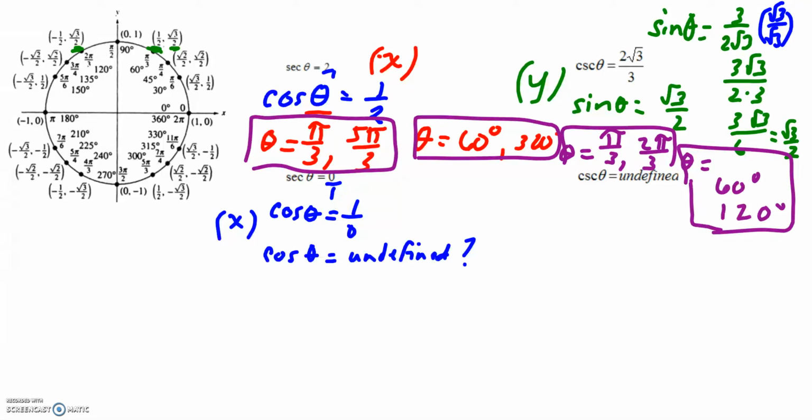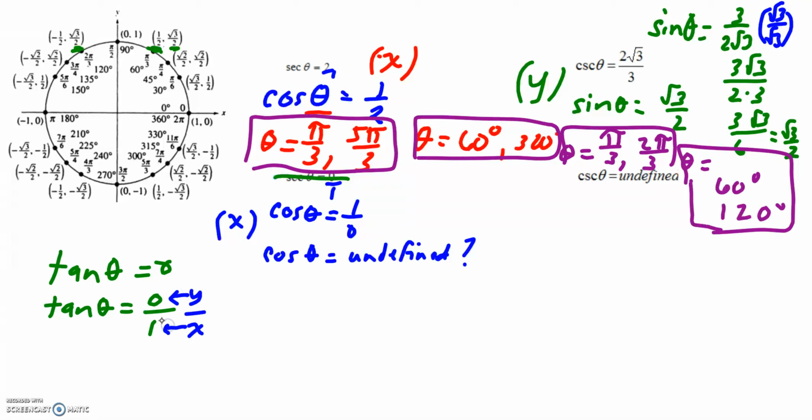Let's instead change this problem to be tangent of theta equals 0. If I see tangent of theta equals 0, that really means the tangent of theta is 0 over 1. And remember, tangent is defined as y over x. So this is the place on the unit circle where your y value is 0 and your x value is 1.